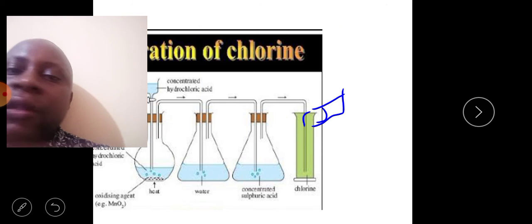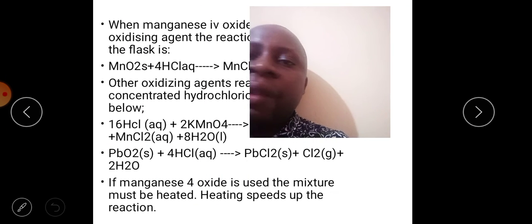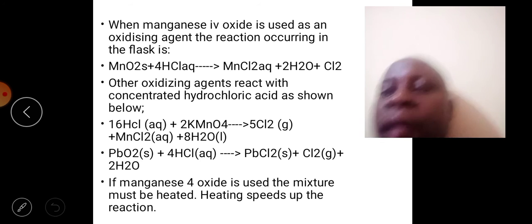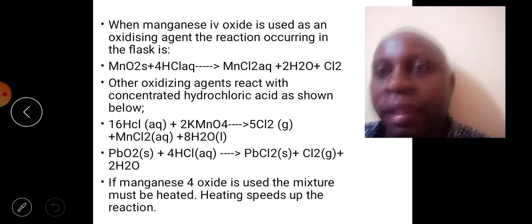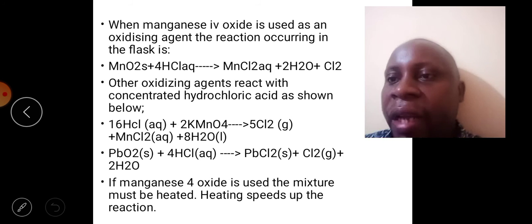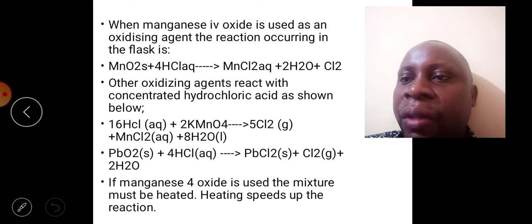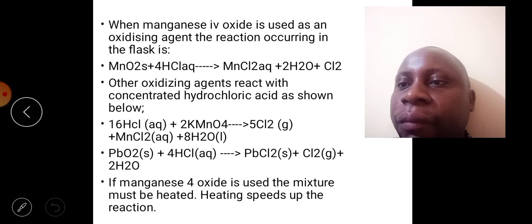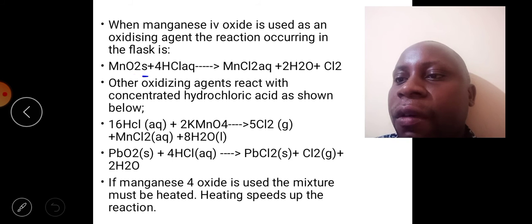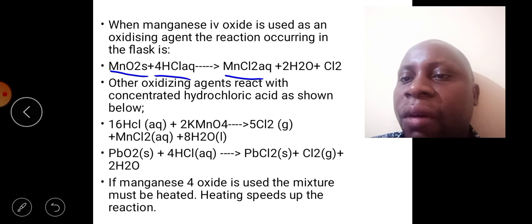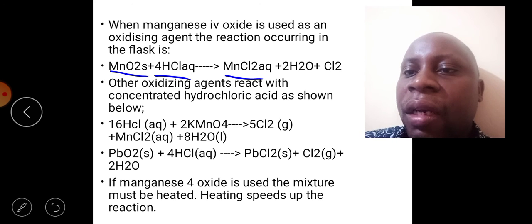Now, we want to go ahead and learn about the reactions that occur inside this particular conical flask or round bottomed flask. So I've said that when manganese 4 oxide is used as an oxidizing agent, the reaction which occurs in the flask is as follows. That the manganese 4 oxide will react with concentrated hydrochloric acid, and this forms manganese 2 chloride, water and chlorine gas.